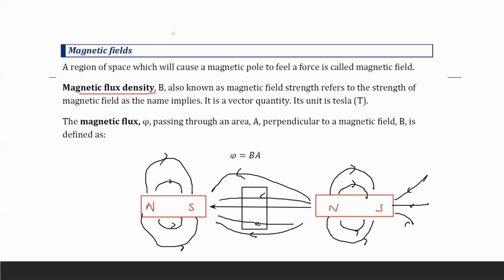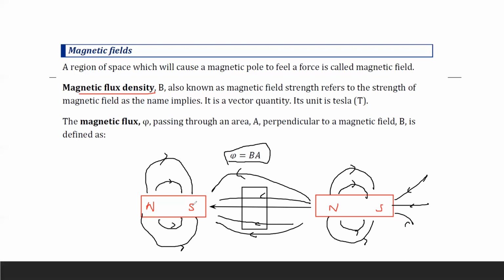So the strength of a magnetic field on a unit area is known as magnetic flux. Stronger magnetic field means higher magnetic flux, and a larger area will also show greater magnetic flux. But it is always measured perpendicular, like how many field lines are passing perpendicular to the surface area.